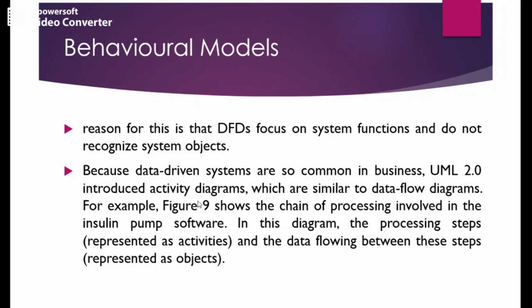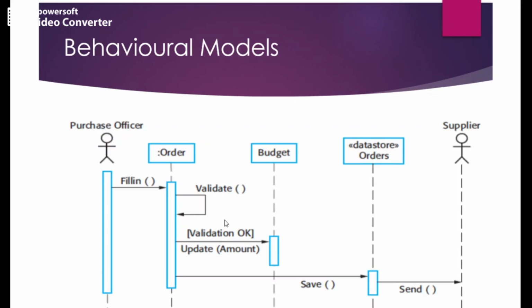We will see one activity diagram. Look at this figure. The figure name is an activity model of the insulin pump operation. Somewhere you have studied about the insulin pump, in the case study of the first module.